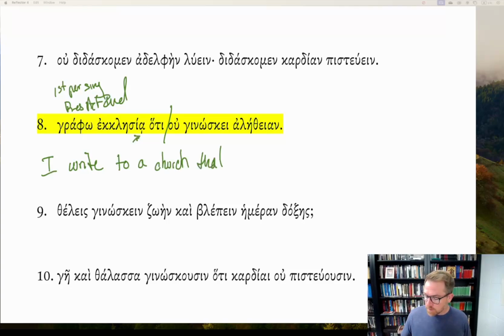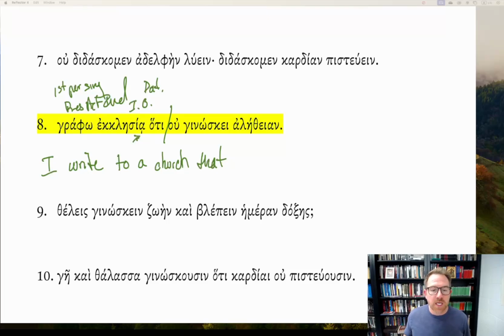So I'm writing to a church, not I'm writing church. The ekklesia is not the direct object. The ekklesia is the indirect object. And I know that it's the indirect object because it's in the dative case. So I write to a church, that, and then I'm getting the content of what I wrote.